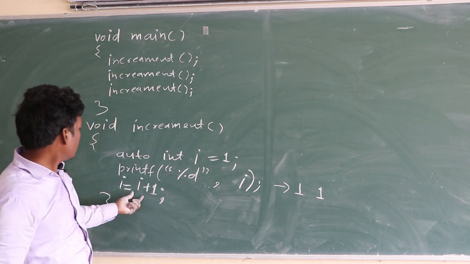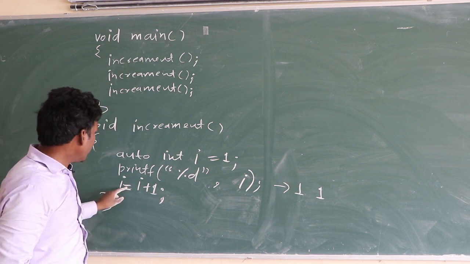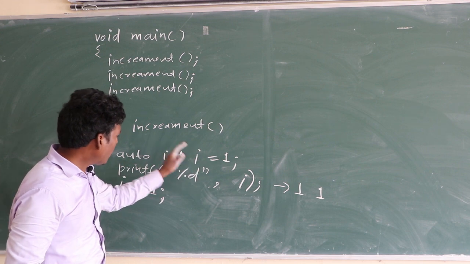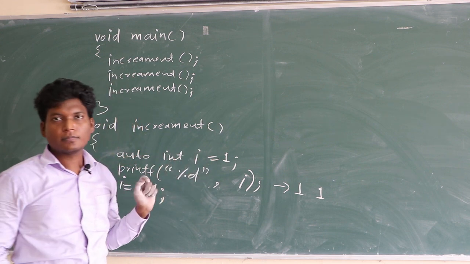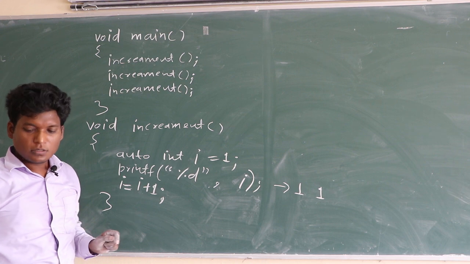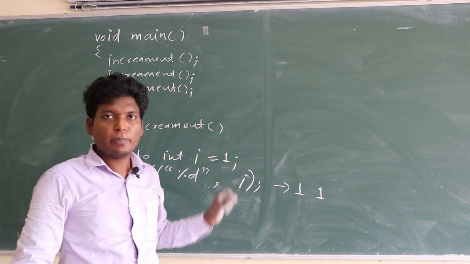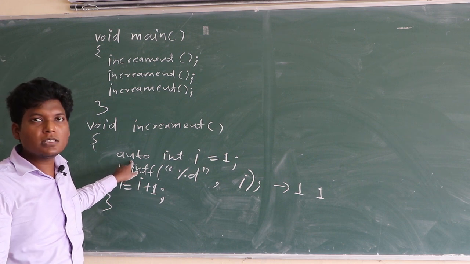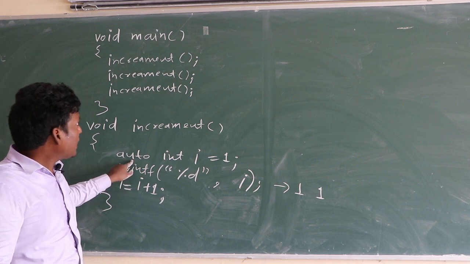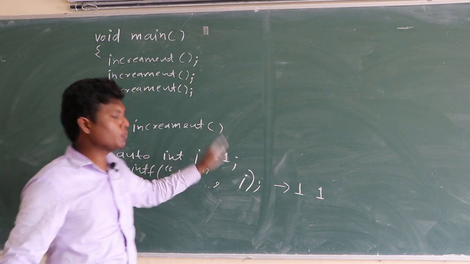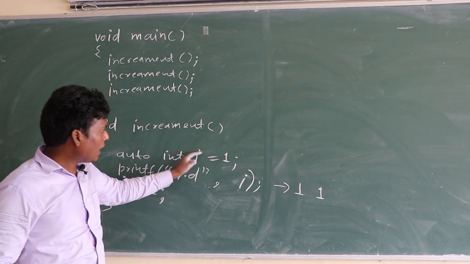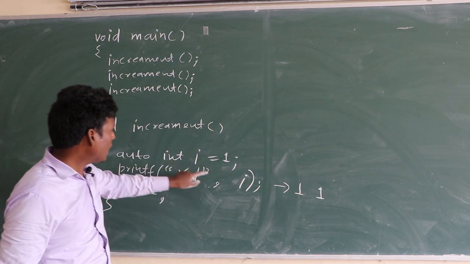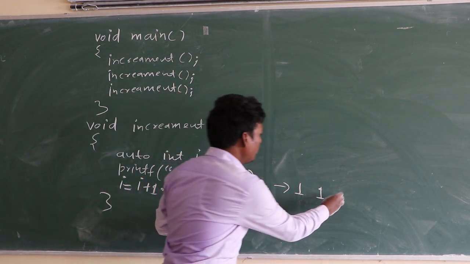When control returns, then i again becomes 1, not 2, because value of variable does not persist here. Here is the auto storage class. Every time you call the function, i becomes 1. When you print i, you will get 1. Again you call it, again i equal to 1 and value 1 will be printed.